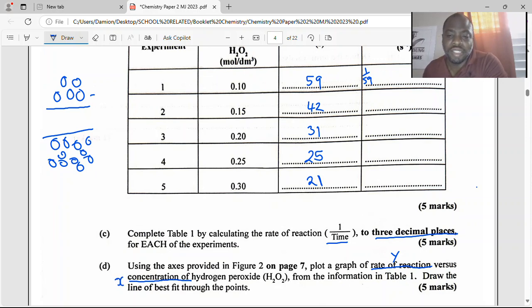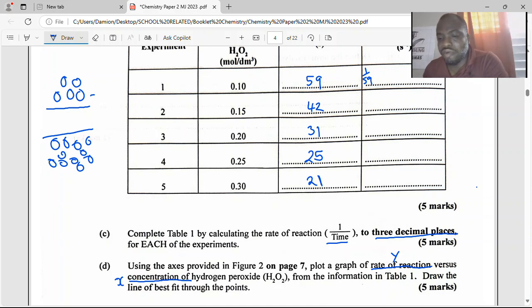So moving into the exam, we know that when we plot this information on the grid provided, the rate of reaction would be placed on the y-axis while the concentration would be placed on the x-axis.